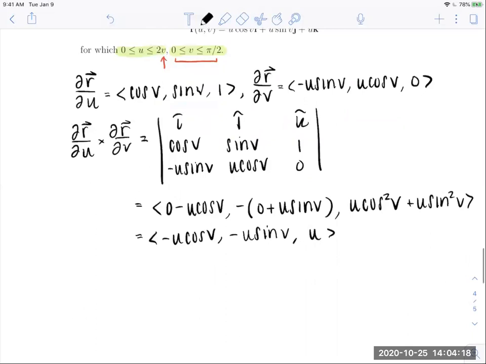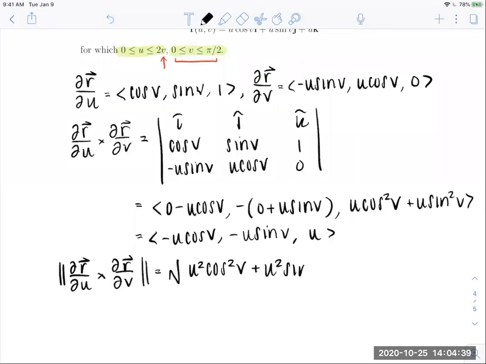All right, and then here in the end, what I'm going to do is find the magnitude of this cross product using the distance formula. So this is the square root of u squared cosine squared v plus u squared sine squared v plus u squared.